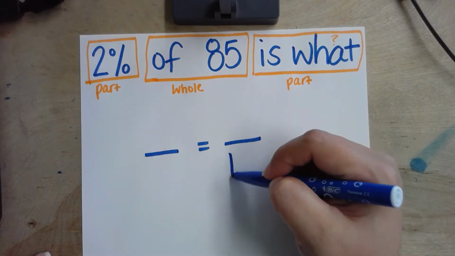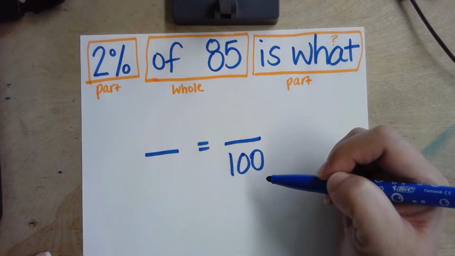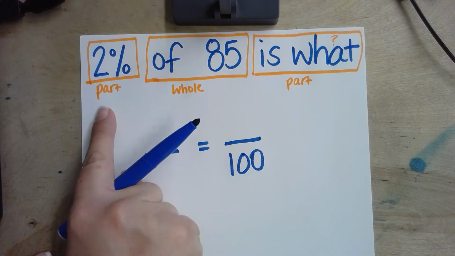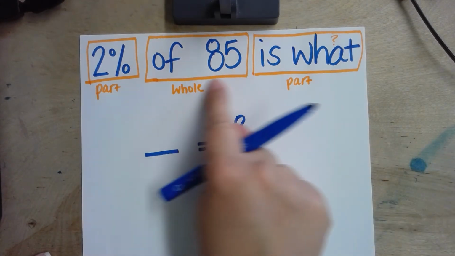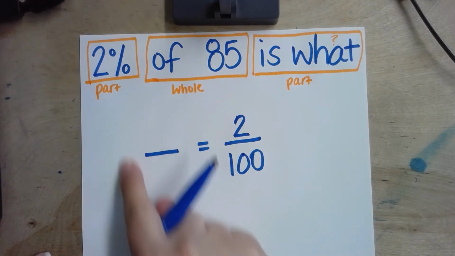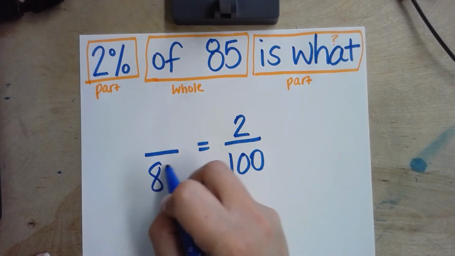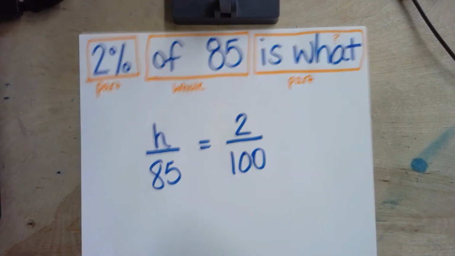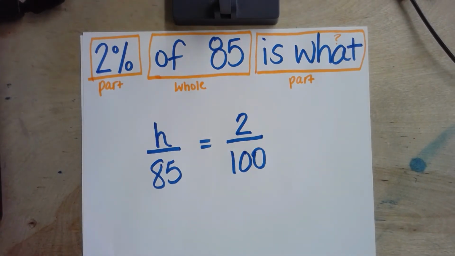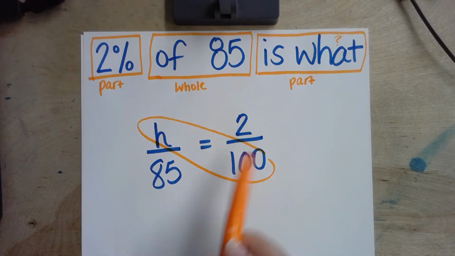Bottom right-hand corner we know is always 100. 2 is a percent, so it goes here. Of goes on the bottom. And is, we'll use an h for our variable this time. Cross multiply.